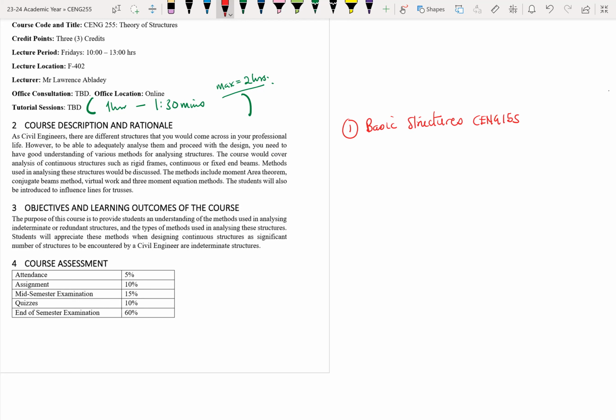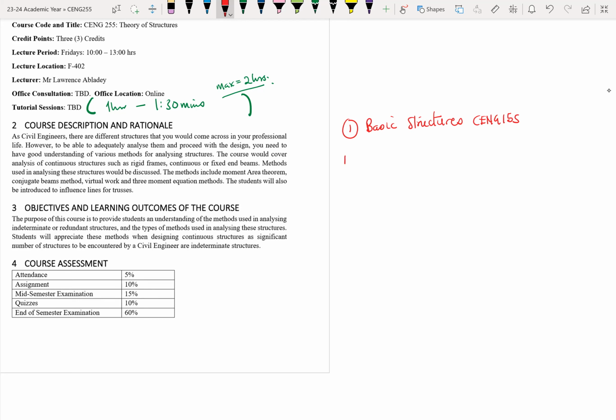All right, so the goal is that we do external analysis and then internal analysis of statically determinate structures, which is mostly forces and loads. Okay, so that's the basic structures components.